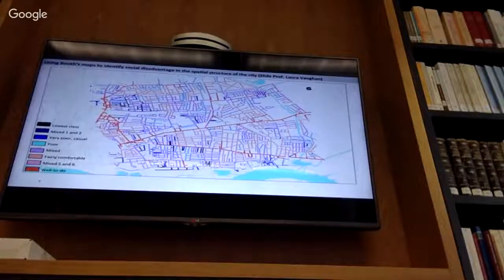And this is a representation by Laura Vaughan, who's also at the Bartlett, just sort of cleaning his social maps up in a particular area of the East End of London, and thinking about how do we categorise spatial morphologies, how do we work through different areas and think about how the city is formulated. Again, I think it poses a question that there's a pattern or a structure or something you can see there. So again, we think, can we find a formal way of describing that in terms of the street morphology? Okay.